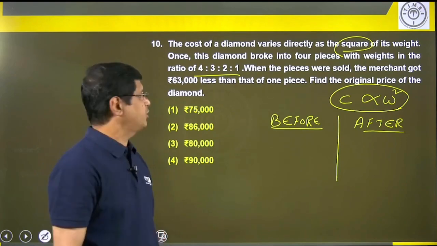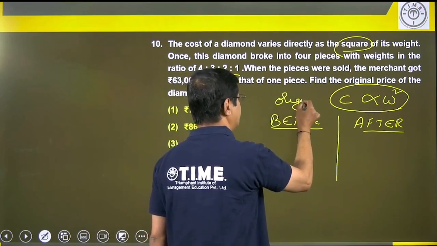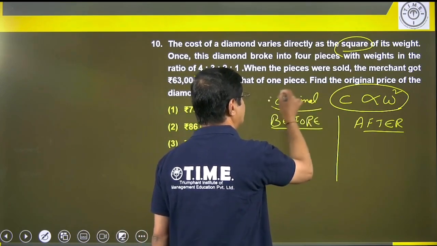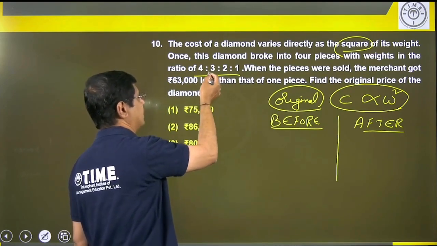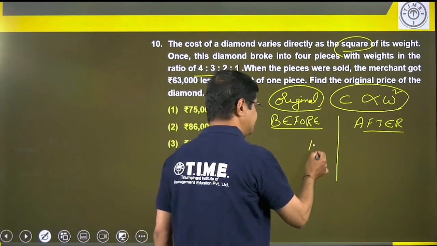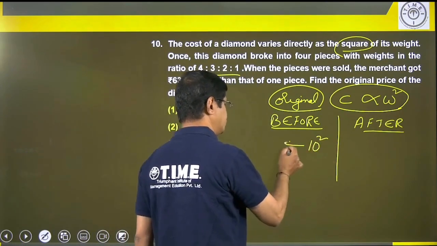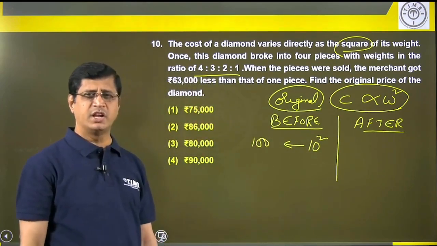Original means before. So what is the original cost of the diamond? Just observe total weight 4 plus 3 plus 2 plus 1. The total weight is equal to 10. So 10 is the weight, the square of it is equal to 100. That is the cost. Cost of the diamond originally 100.